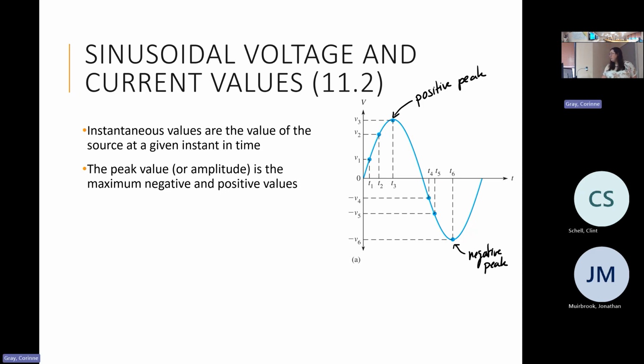We have two different peaks, and they will have equal magnitudes. The absolute value of the negative peak will be the same as the positive peak, assuming we do not have a second, or a DC, source in conjunction with our AC source.